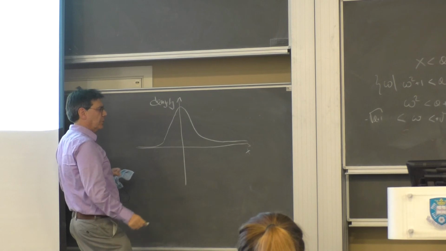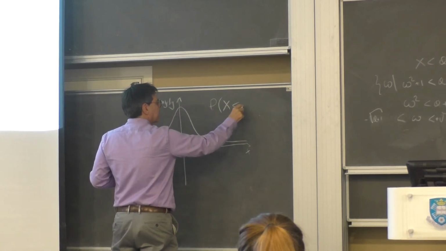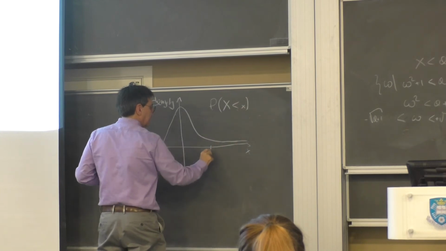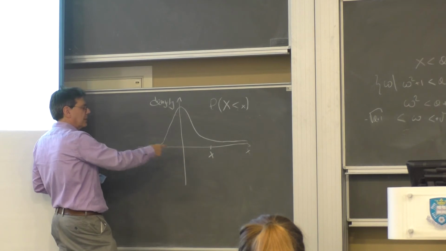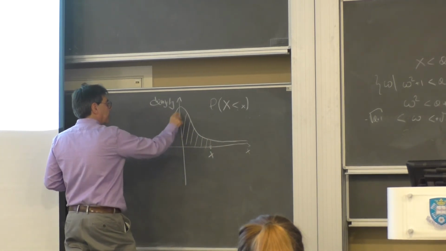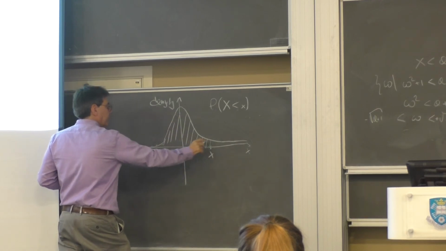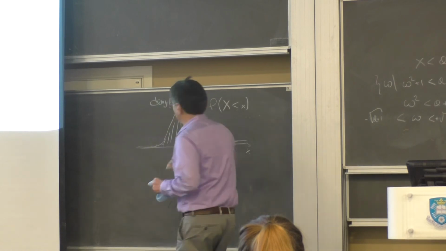If you want to know the probability of x being less than a little x, you put your little x here, take your function, and integrate from minus infinity to x. In other words, you're looking at the area under the graph up to this point over here, up to this x, and that's how you measure the probability.